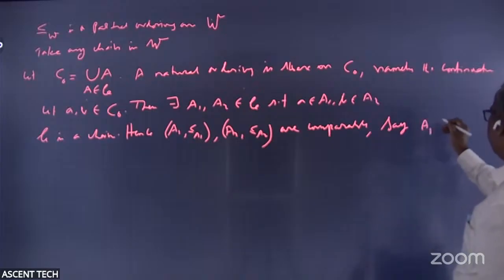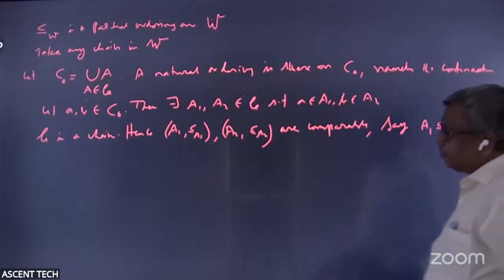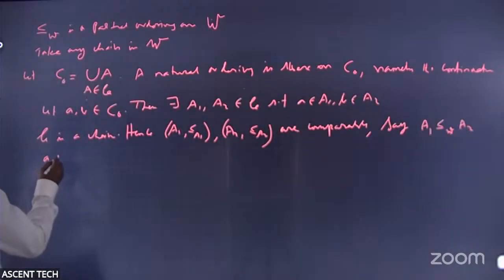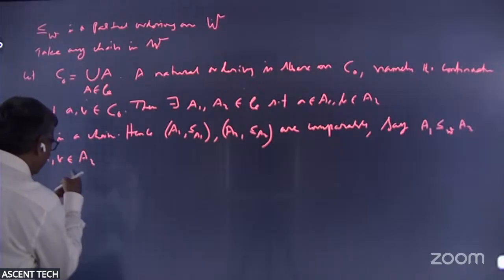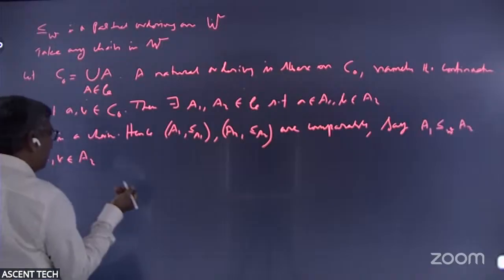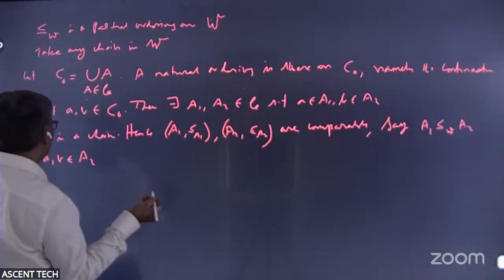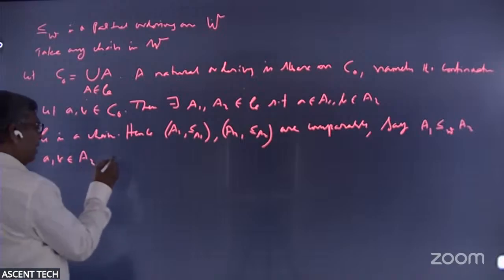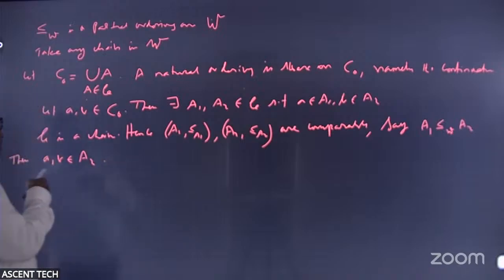Say A1 is smaller than A2. Then a and b are both in A2. And there is an inequality, and you will see what the inequality between a and b is.